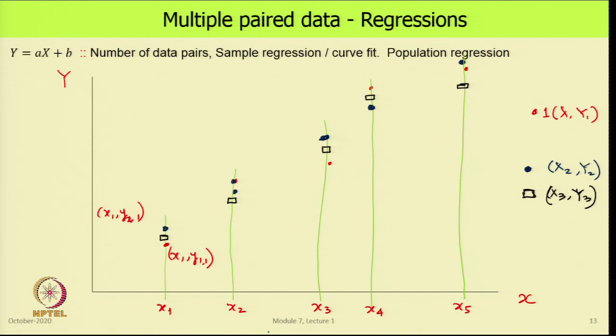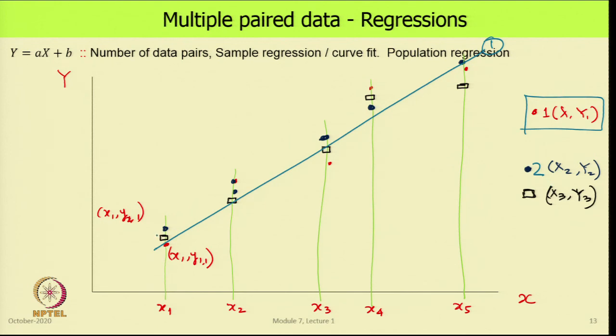We take the first person says, I got my data over here and I will make my regression. And so, with these points some regression was developed and this is the regression number 1, which is this one. The second person says, these are my data set, I will use only my data set and I will make a regression out of it.